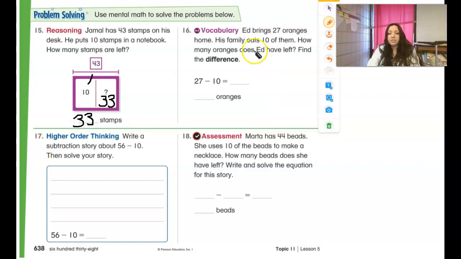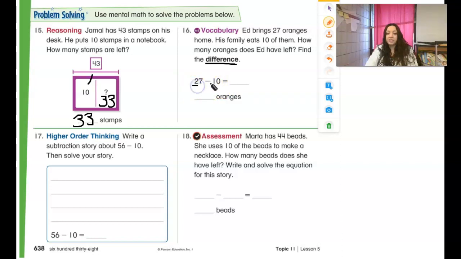All right, we're going to try the next one. It says, Ed brings 27 oranges home. His family eats 10 of them. How many oranges does Ed have? Find the difference. Remember, when we hear that word difference, we are finding and subtracting, okay? Because difference means how much apart they are. So I had 27. The family ate 10 of them, so 10 of them are gone. So let's look at those 10s.